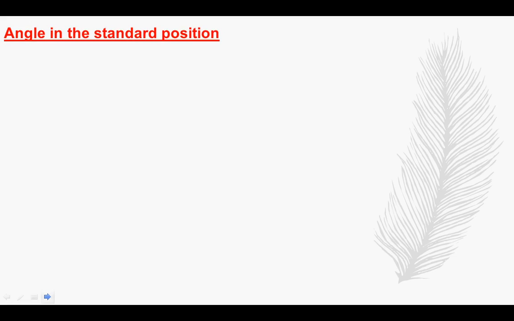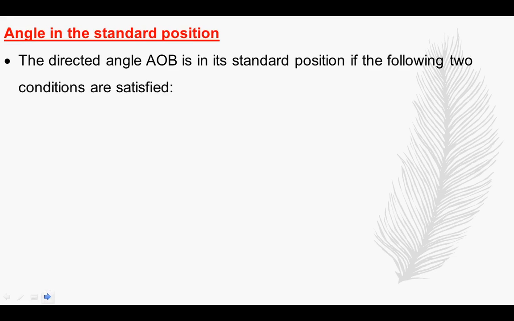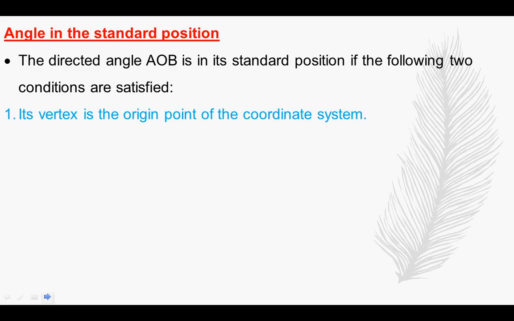Definition. Angle in the standard position. The directed angle AOB is in the standard position if the following two conditions are satisfied. So, for the definition of the angle in a standard position, we have two conditions that must be satisfied. The first one, its vertex is the origin point of the coordinate system.